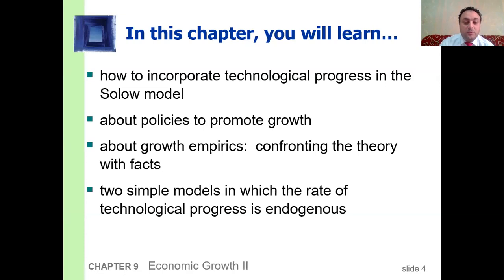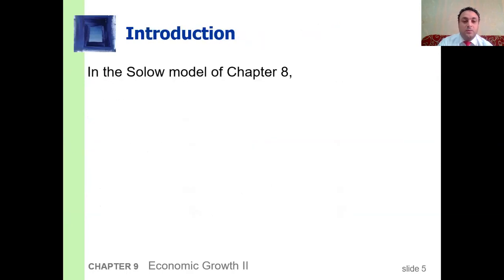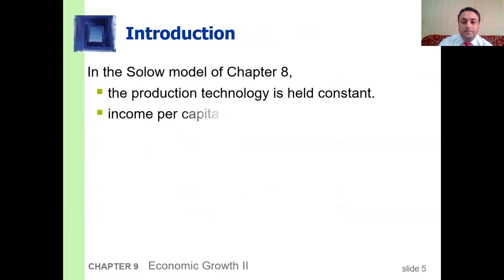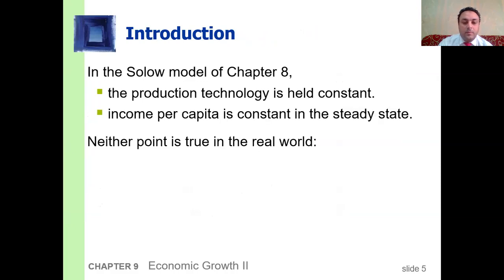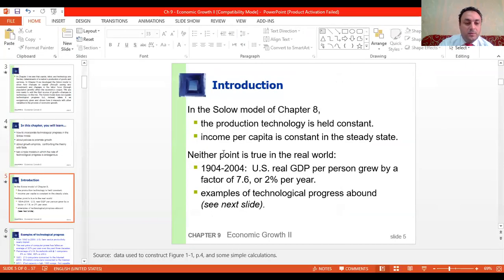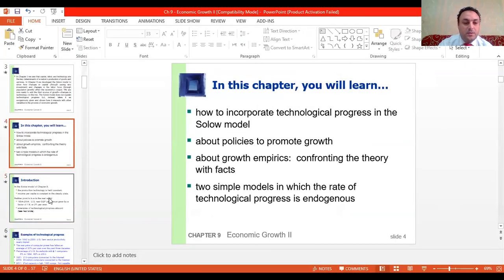And we will also see two simple models, different from the Solow model, in which the rate of technological progress is endogenous, not exogenous like the Solow model. So we finished this part. We don't need to waste more time on this.